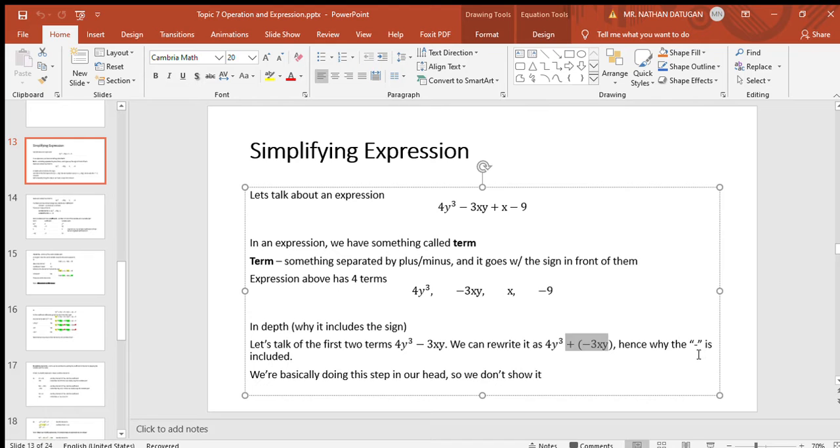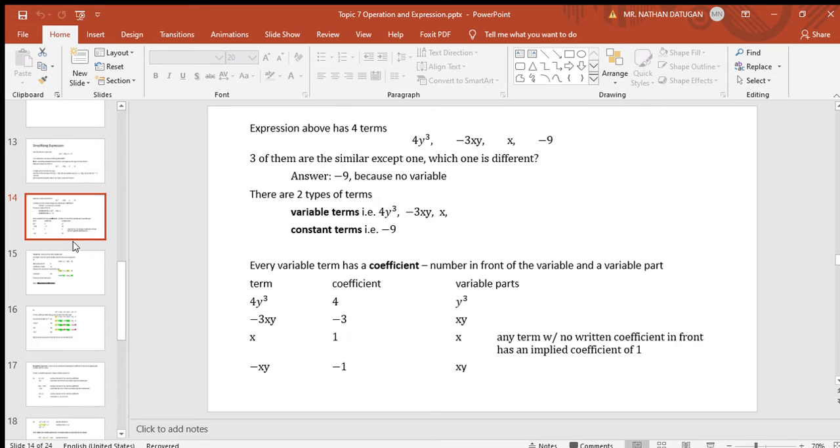Hence, that's why the minus becomes negative when we split it into terms. But we're essentially doing this in our head, so you don't have to show that part in your test. Just do note that you can basically just go from here to here.